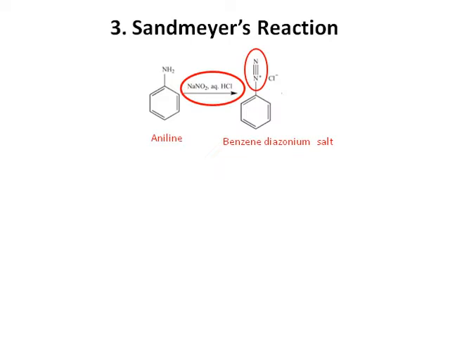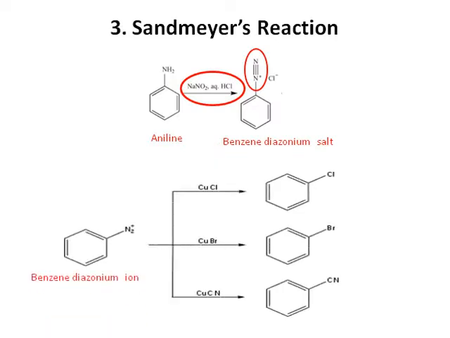So it is in the salt form, but when it is put in the solution or a water solvent, it ionizes and forms the benzene diazonium ion. Now let's see some examples of this Sandmeyer reaction.